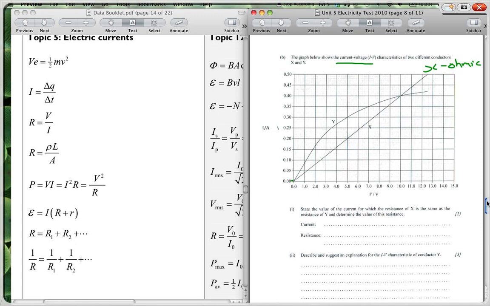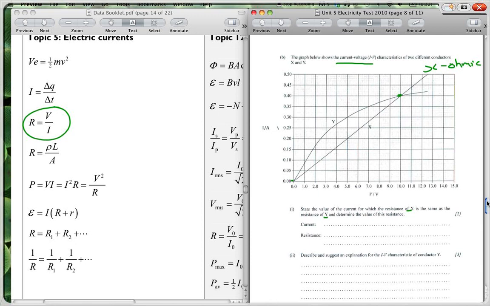State the value of the current for which the resistance of X is the same as the resistance of Y. Now remember, R is equal to V over I. It's the ratio of your voltage to your current at a specific time and situation. So at this point here, we're going to have our R being the same.